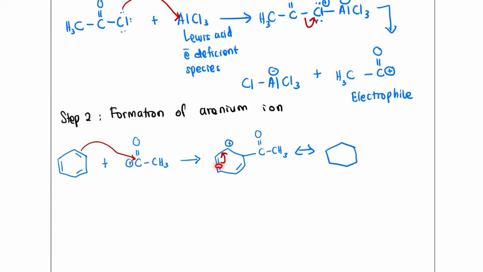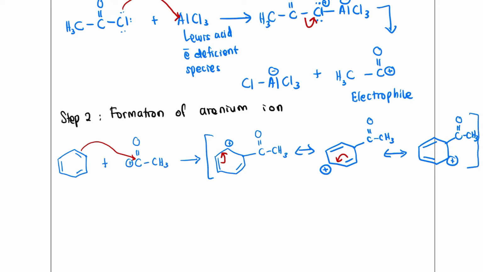That means over here pi bond break and then we will form a double bond sini. So double bond, and then this double bond remains. Okay, so this one bonded to C double bond O, CH3 ni masih wujud, and then this carbon here will become positively charged. Okay, and then next one is this bond breaks and then forms a new bond there. Okay, so kita akan form another resonance structure. Okay, and this carbocation sini. Okay, and then saya pesan dekat kamu kena letak square bracket. Okay, so and then we need to write down this is arenium ion.